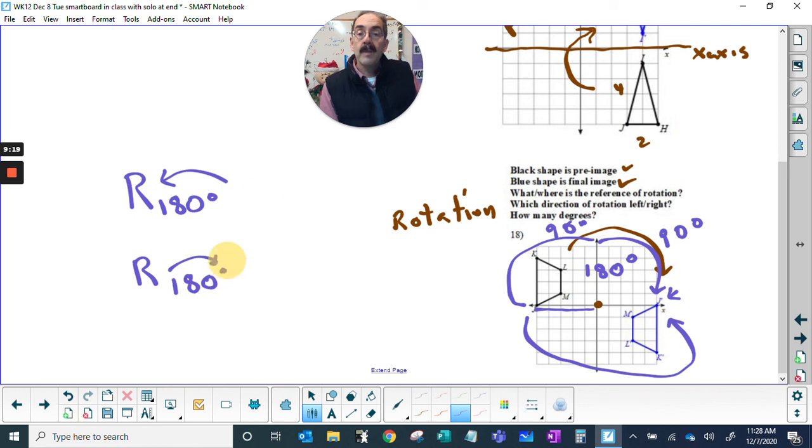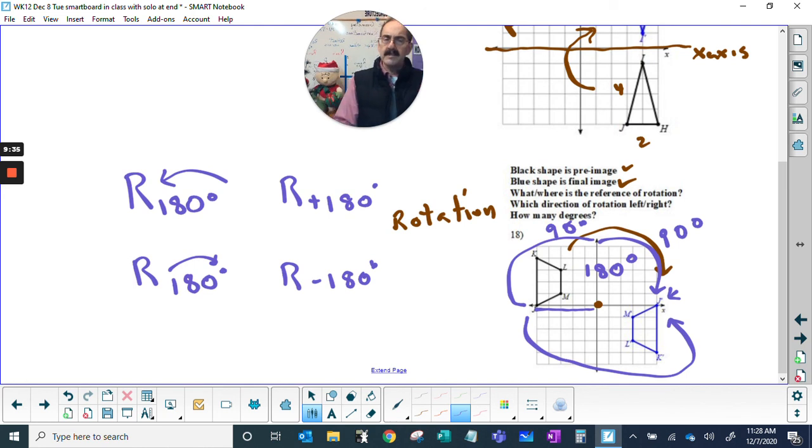Okay, you could also write in the positive 180 degrees or the negative 180 degrees. All right, so either one works. So that was our practice, using what we already know, but we want to use proper notation.